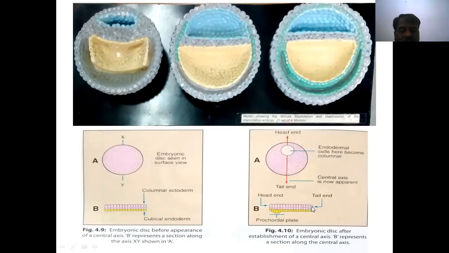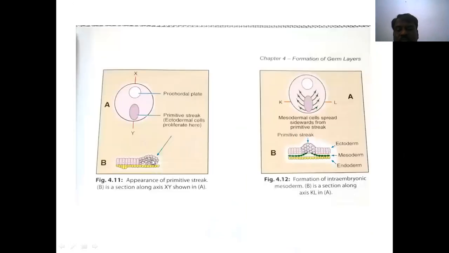These ectoderm cells are modified and proliferate to form the primitive streak. These cells enlarge, pushing the amniotic cavity. This primitive streak forms from the ectoderm.